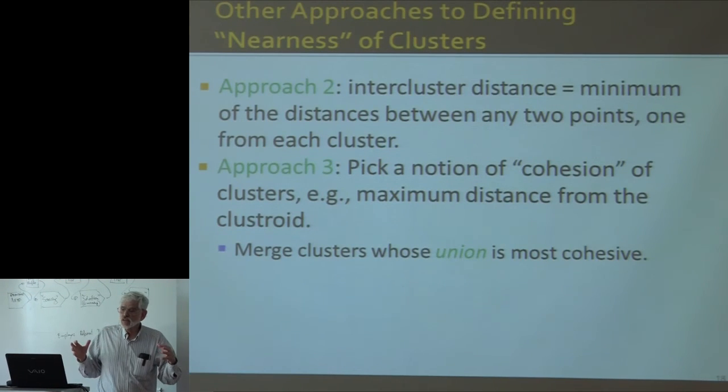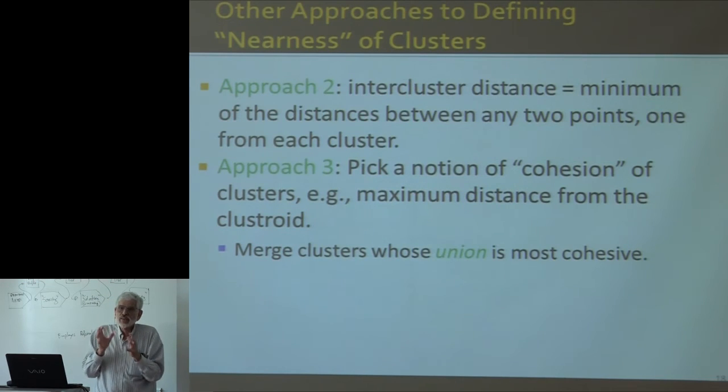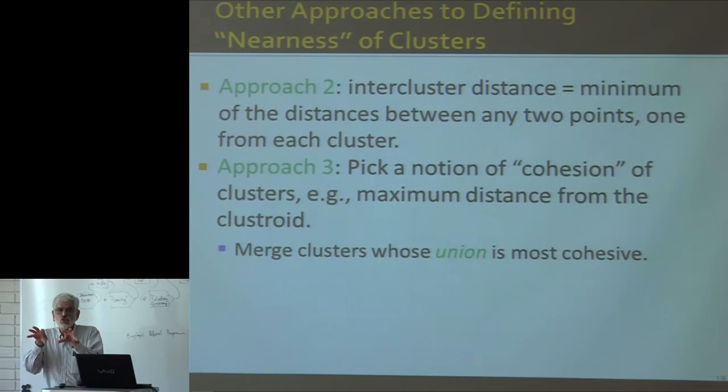A small value for cohesion says that the points are really close together. In the cohesion-based approach, you don't worry about the locations of the 2 clusters.